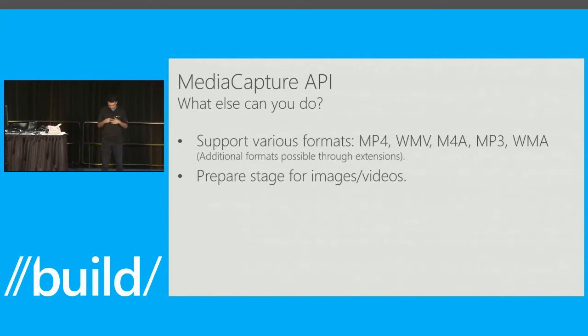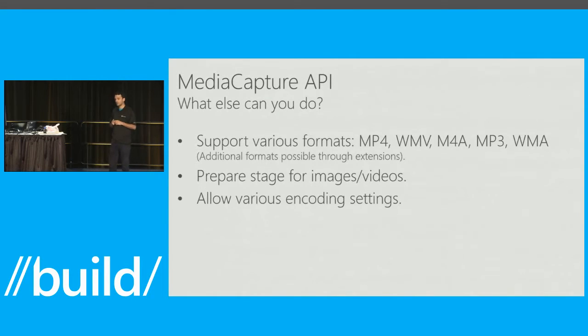You can also have an optional prepare stage for images and videos so that you can prepare the encoding parameters, especially on the video side of things, so that the video starts faster. You can change various encoding settings, so you can influence the specifics of the bit rate and a bunch of other things that you would need to in certain scenarios.